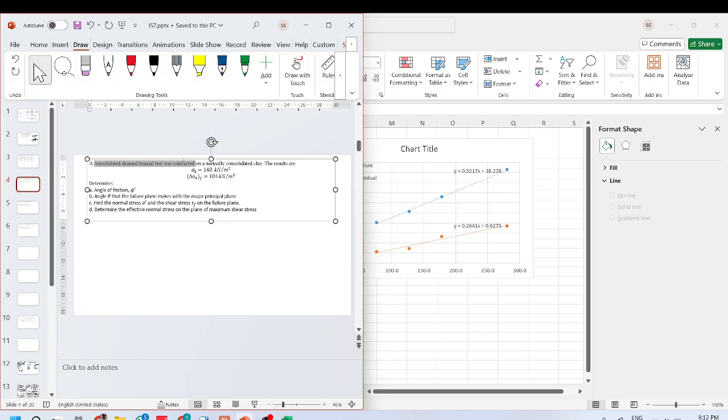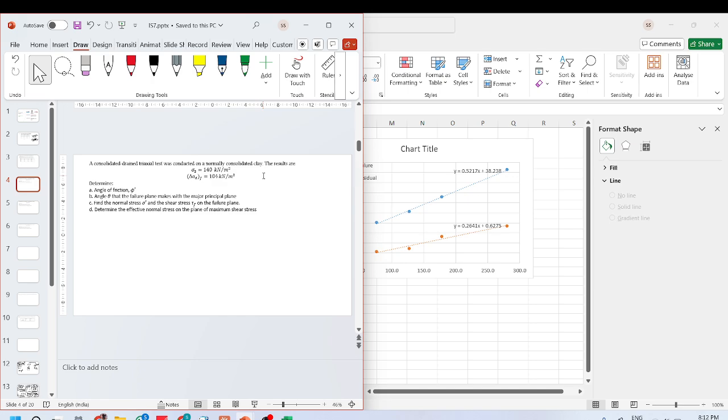So this is a triaxial test. A consolidated drained test was conducted on a normally consolidated clay. The results are as follows: sigma 3 and delta sigma d at failure.